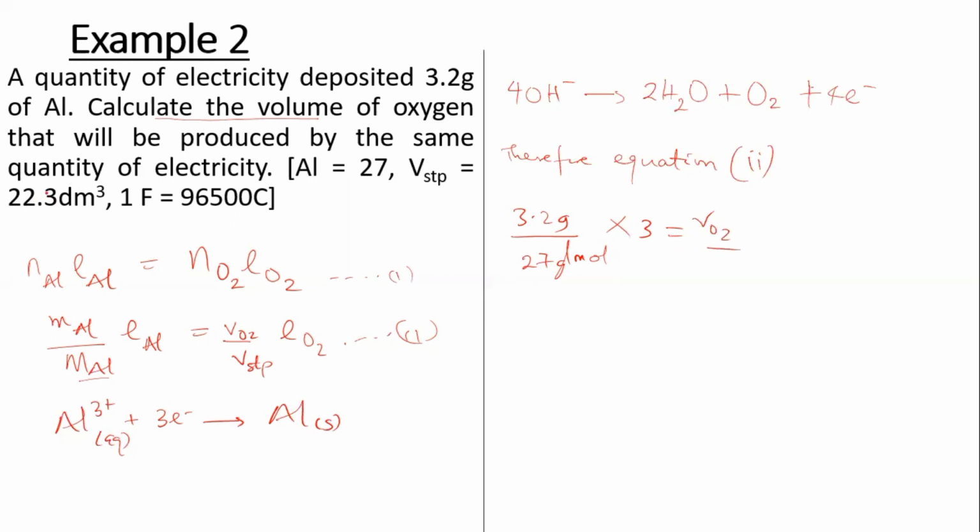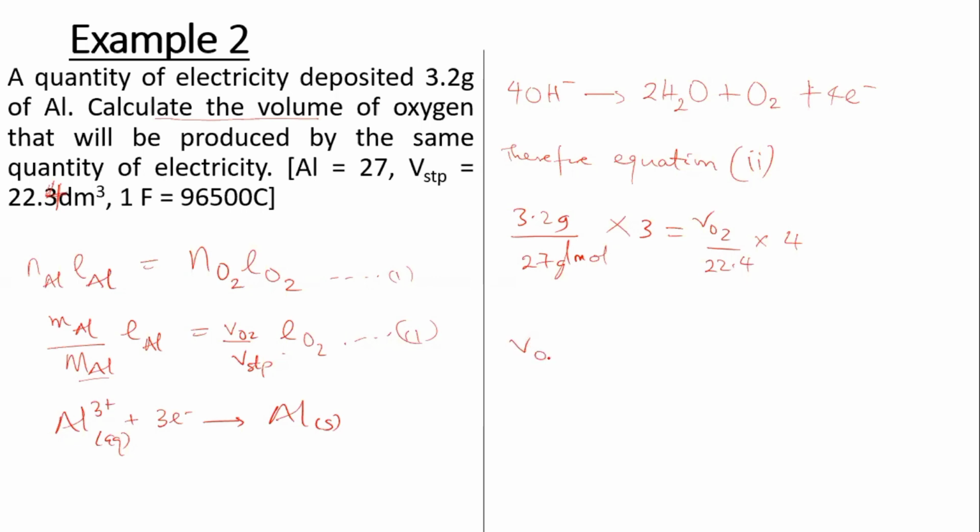And of course, sorry, this one should be 22.4 dm cube. So that's 22.4 dm cube times the electron in oxygen, which is 4. So we'll make the volume of oxygen the subject of the equation.